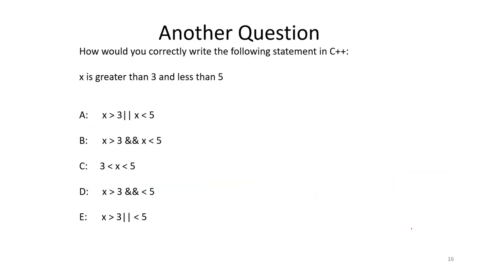Let's try another one. How would we write this statement in C++? We want to check whether x is greater than 3 and less than 5. Take a moment and think about it. All right, so you'll probably remember, in this case, we cannot do choice C. Remember, we need to compare values 2 at a time.